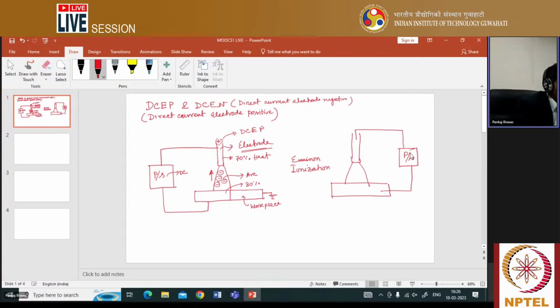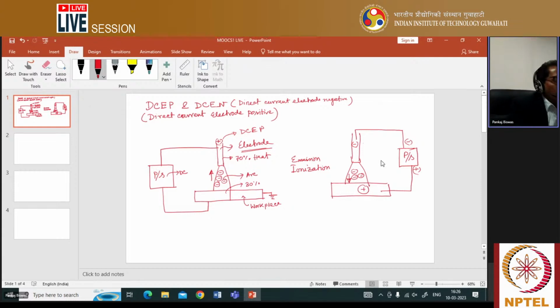Now you see, in case of DCEN, this electrode is connected with the negative terminal. That means the power source negative terminal is connected with the electrode. So in this case, whatever the electron flow is, you know that electron flow will be towards the positive terminal direction. So here the electron flow direction is toward the workpiece.